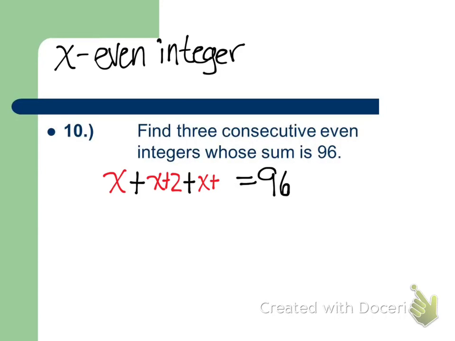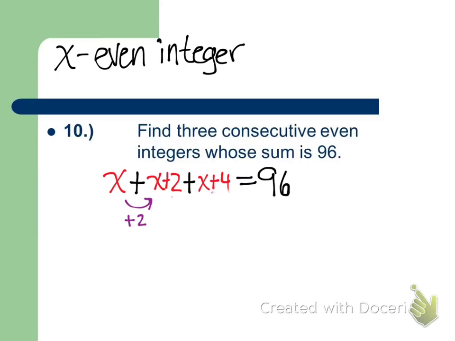No. We added 2 here. So if we add 2 more, how many are we up to adding? 4. So to get to another one, we have to add 2 again. So now we're adding 4 to x.